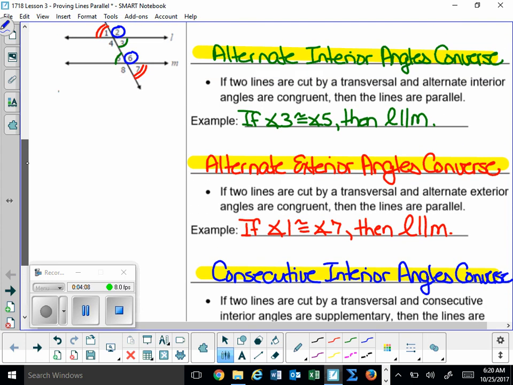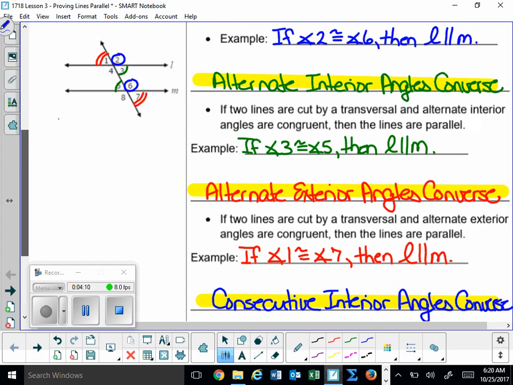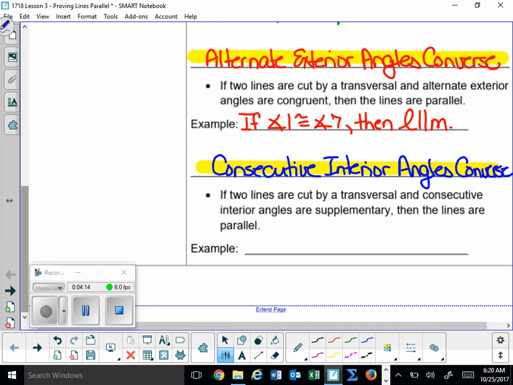So let me see. Consecutive interior. How about 4 and 5? So if the measure of angle 4 plus the measure of angle 5 equals 180 degrees, then L is parallel to M.